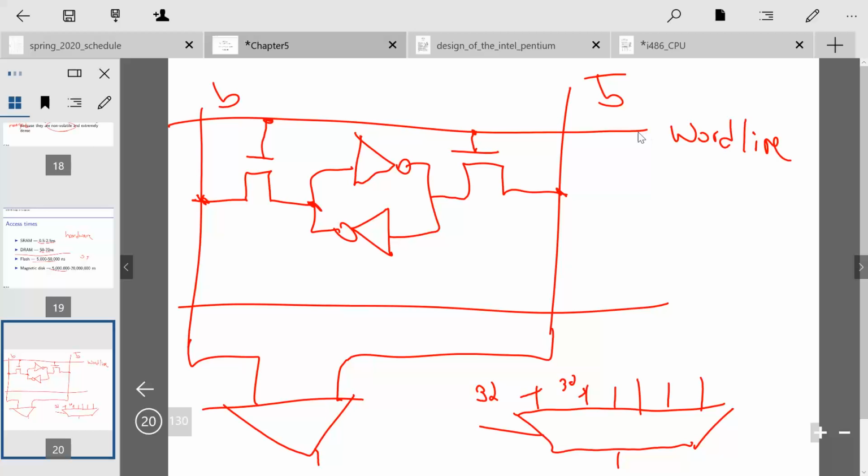So you have delay starting from the row decoder, going through the word line, through these pass transistors, then down these bit lines through these sense amps, and then through your multiplexer at the bottom, which takes the column address, the least significant bits of your address, and selects a line.